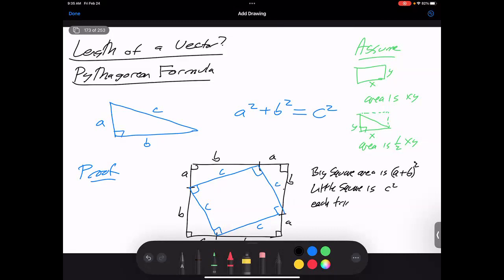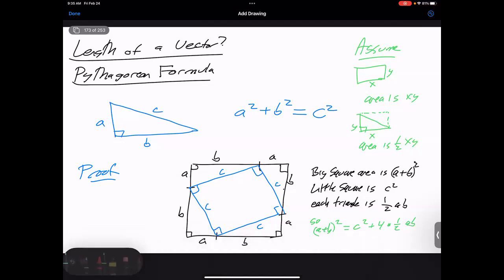Each triangle is what? If I give you each of these triangles, what's the area of this triangle? Good, it's 1/2 A times B. So A plus B squared equals C squared plus 4 times 1/2 AB, right?